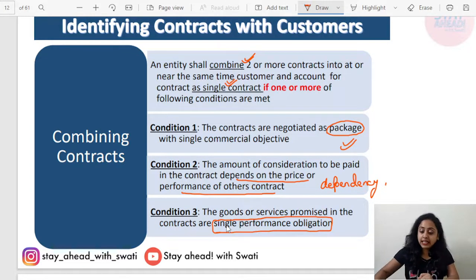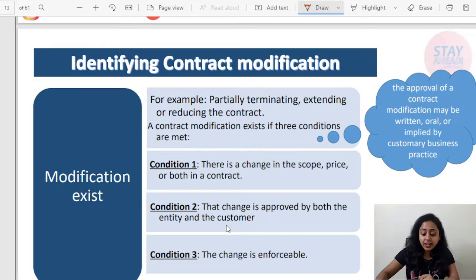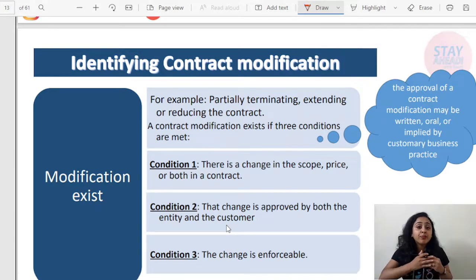Next, identifying contract modification. What is modification? Whether you are changing any scope, nature, timing, amount. If any of the terms of the previous existing initial contract are changed, then this is known as modification. As you know, the modification should be approved, then only it will be considered.